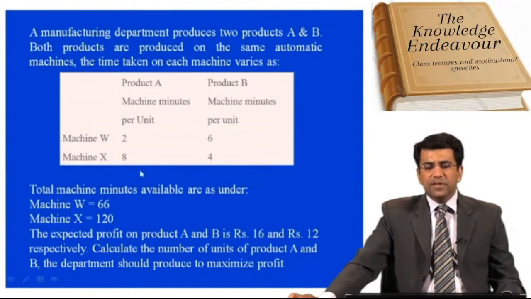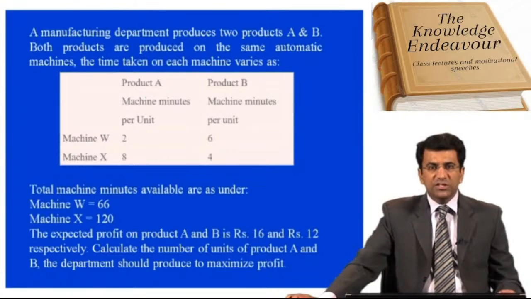Now what is this table about? We have just interpreted what is meant by this table and what is meant by these particular values. Now the total machine minutes available are as under: machine W 66, machine X 120. It means, as we discussed, that all the entities, especially the human resources or the machines, have particular constraints.